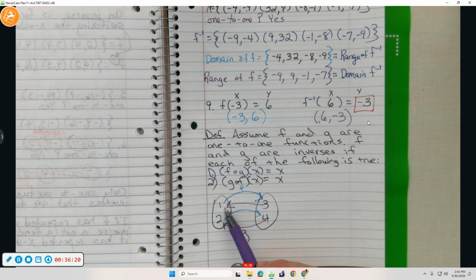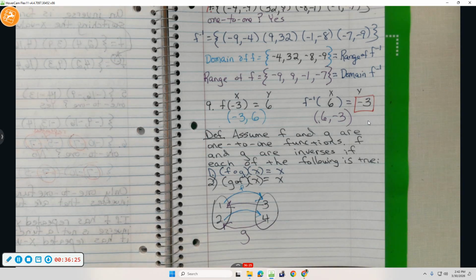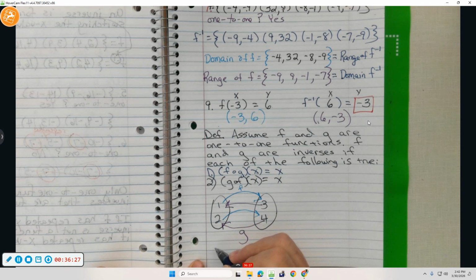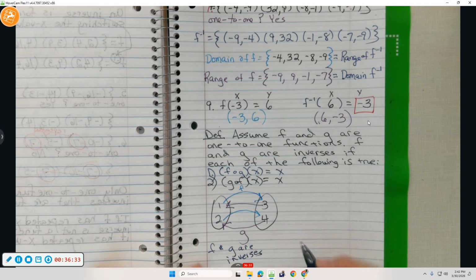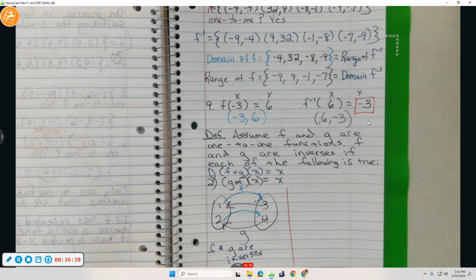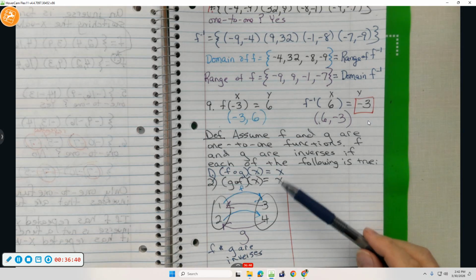The only way that's going to happen is if the ordered pairs are just reversed. In this case, f and g are inverses. But compare that. Suppose the ordered pairs weren't just swapped. Would this be true?